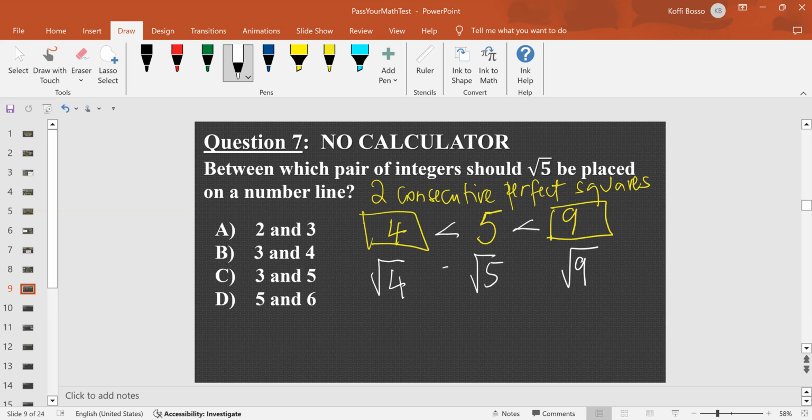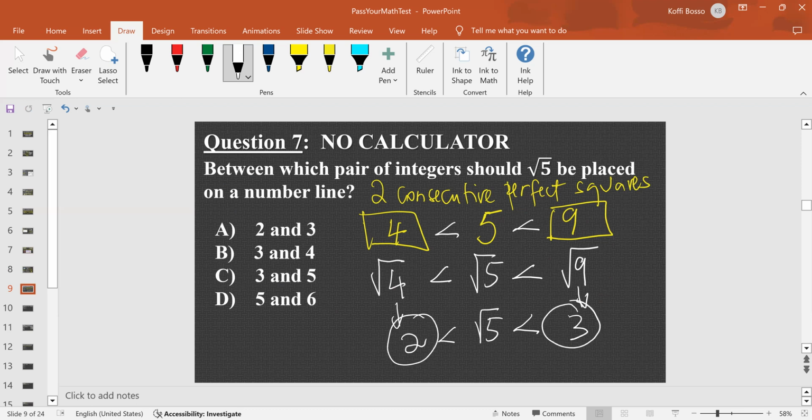Smaller than is less than. Now, doing that, we have our square root of 5. But the square root of 9, because 9 is a perfect square, gives you 3. The square root of 4, because 4 is a perfect square, gives you 2. So the square root of 5 is placed between 2 and 3.